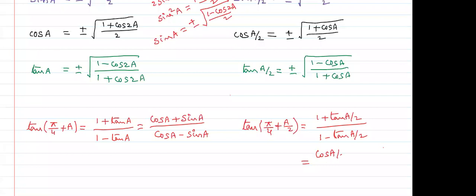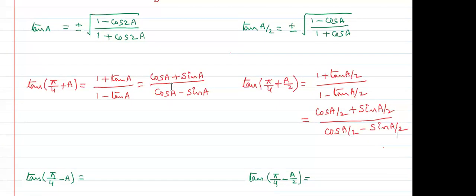You will get cos a by 2 plus sin a by 2 divided by cos a by 2 minus sin a by 2. This is tan pi by 4 plus a.